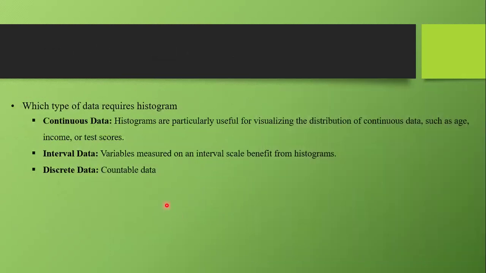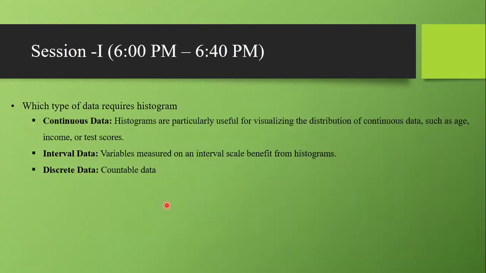Right. Next, which type of data is required for a histogram? There are three types of data with which you can perform the histogram. You can take the continuous data, like the age, the income, the test score. You can take the interval data, like the Likert scales, like strongly disagree to agree, that is interval, as well as the simple scale.